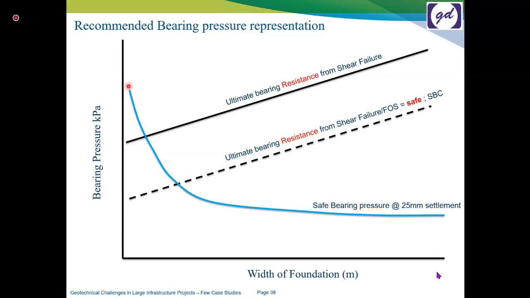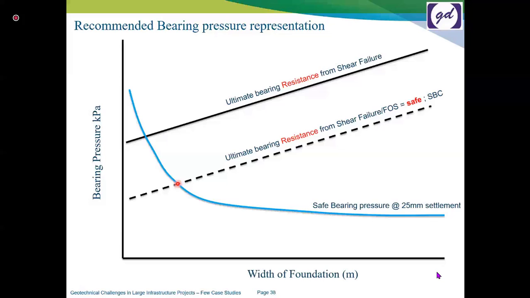And when we try to calculate the settlement based on, let's say, the width of the foundation we employ, we may get this kind of curve. And whatever the intersection point, this would be the optimum foundation width or optimum foundation design, where you will get the bearing pressure from the settlement and the shear criteria, both are the same with the corresponding settlement.